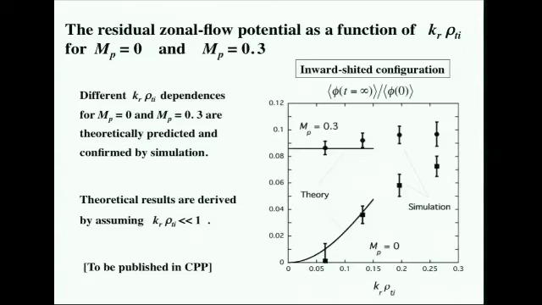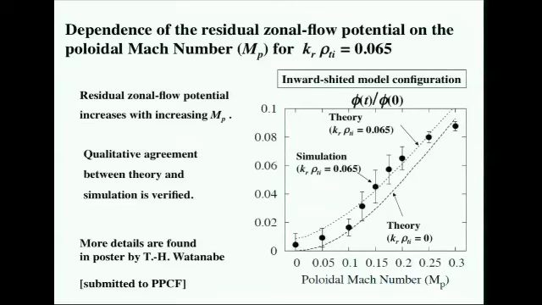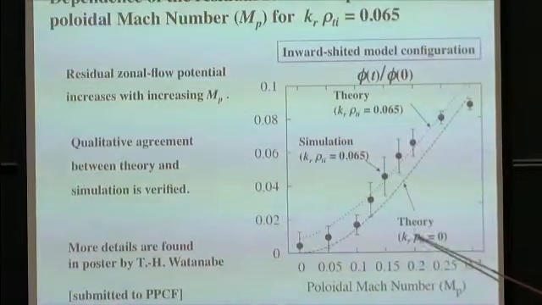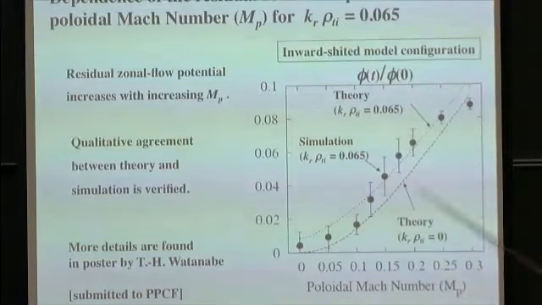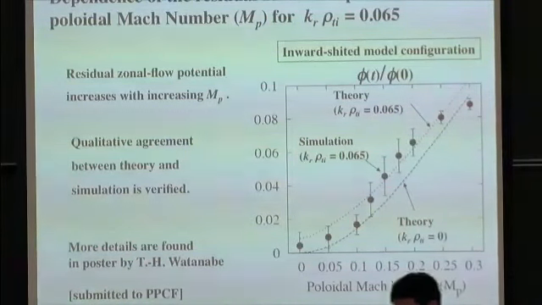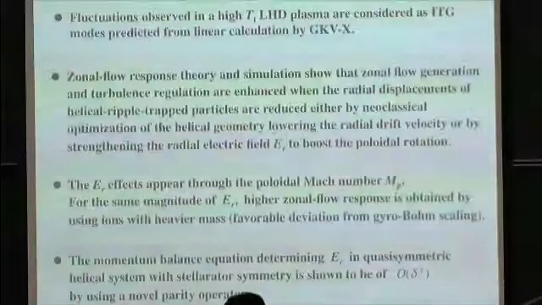But if we have a finite radial electric field, then like the Rosenbluth-Hinton theory, the zonal flow potential amplitude, in the limit of k_r going to zero, approaches a constant value. Okay. Also, this is another comparison of theory about the poloidal Mach number dependence with fixed radial wave number. The symbols are the simulation and the dotted curve is the theory, including finite k_r effect and non-k_r effect. Anyway, at least qualitative agreement is obtained.